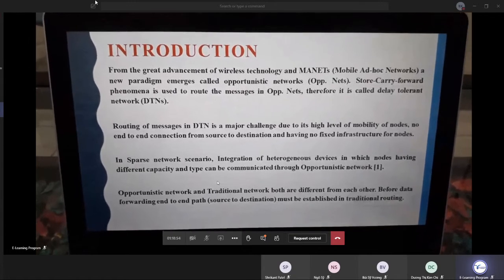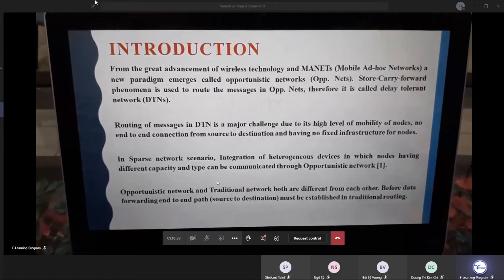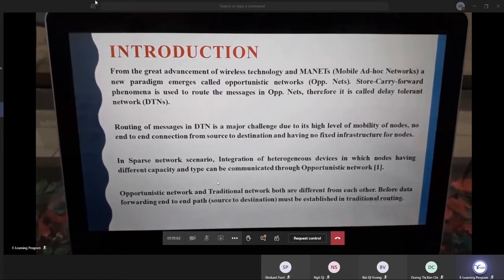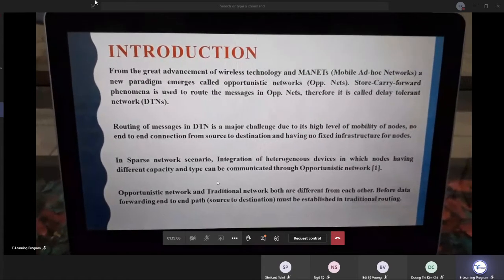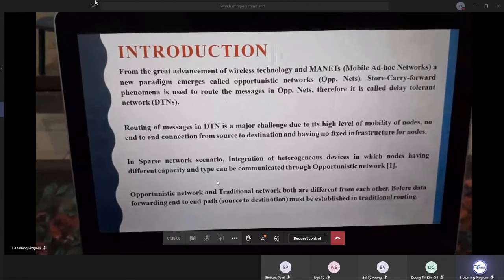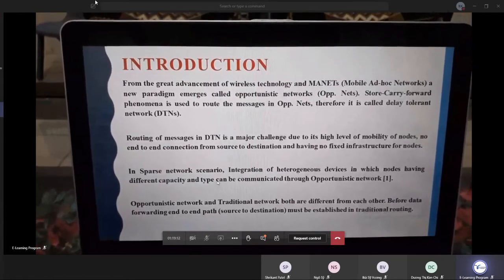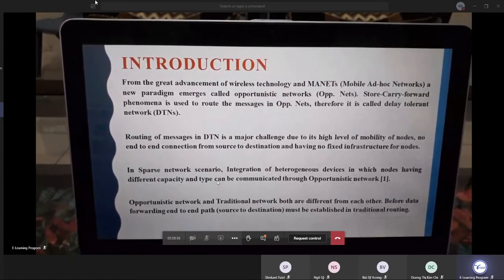It is based on the principle of store, carry, and forward, which is used to transfer messages in opportunistic network, and it is called a delay tolerant network.